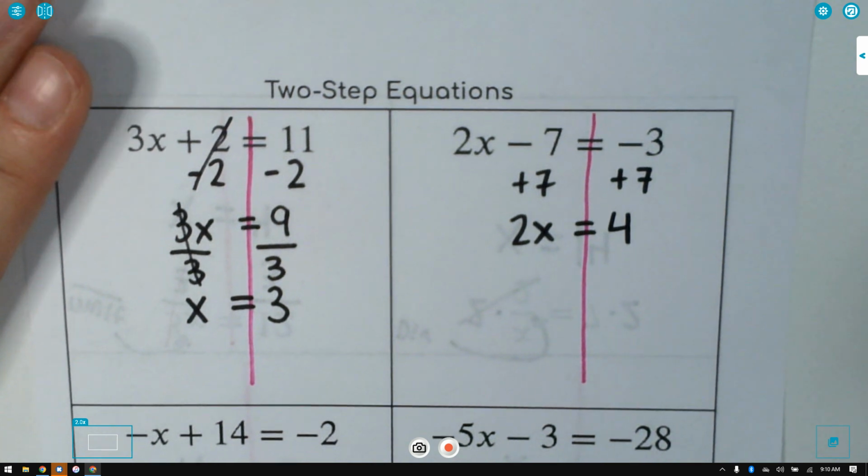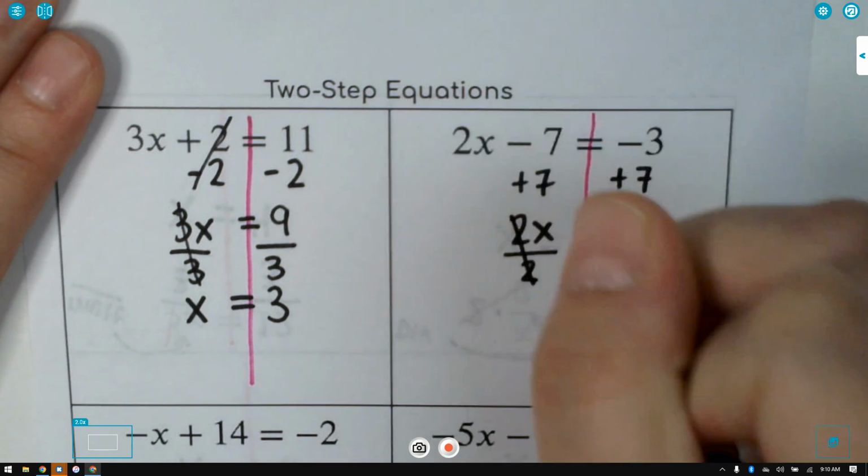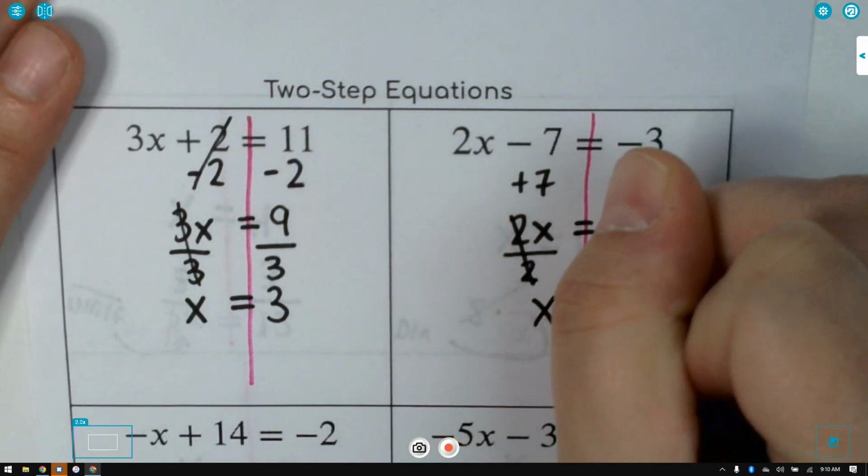And then my last step is the same. I divide both sides by 2. Those cancel. I get x equals 2.